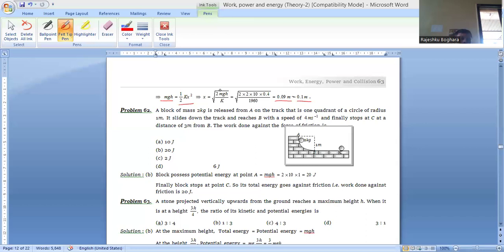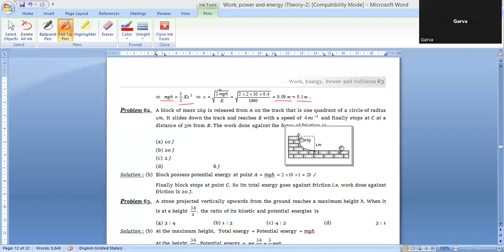So average power is delta W by delta T, equal to W by T. Now take the limit delta T tends to 0. So it gives instantaneous power, P equals dW by dt. But W equals F dot ds, so ds by dt equals v.